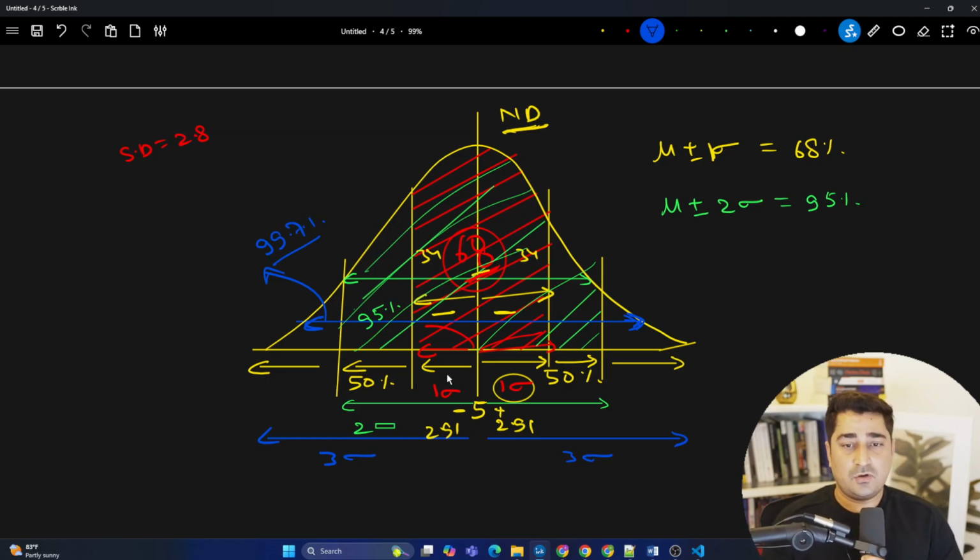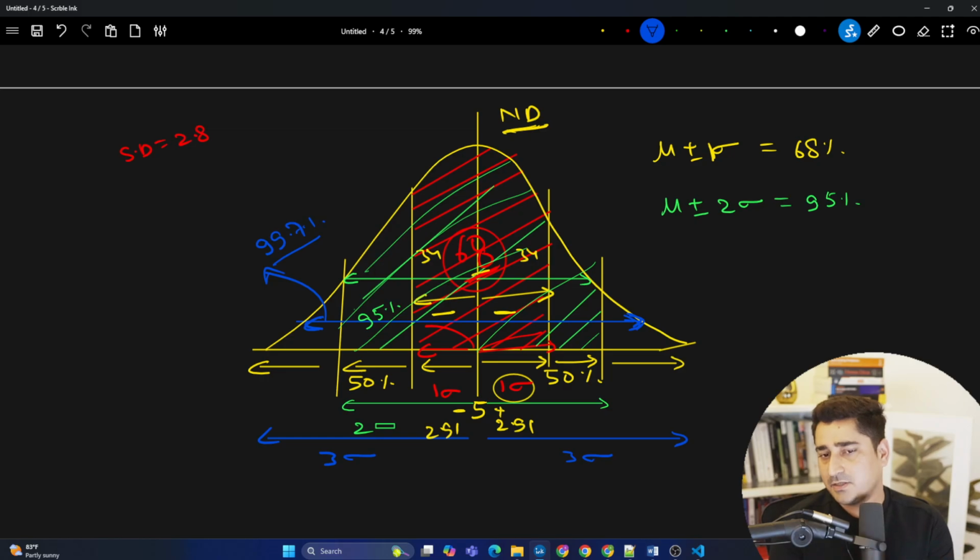So fine, guys, hope all of you are able to understand this part. And yeah, this looks great. And I believe today we are able to understand what standard deviation basically means. So what is the meaning of one standard deviation? What is the meaning of two standard deviation? And what is the meaning of three standard deviation?